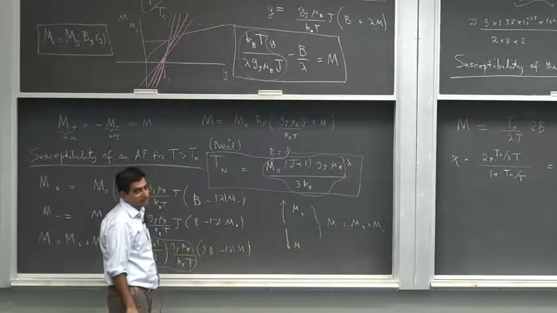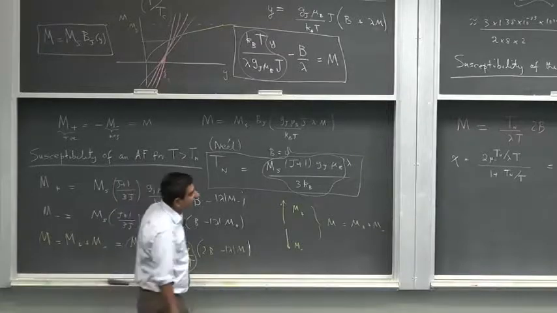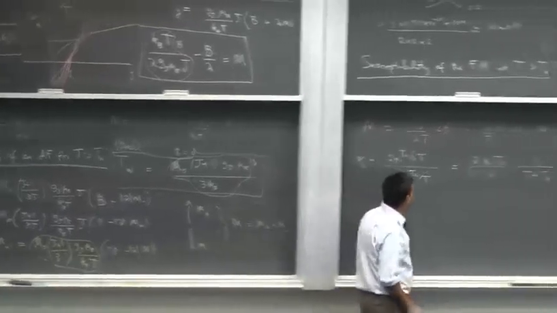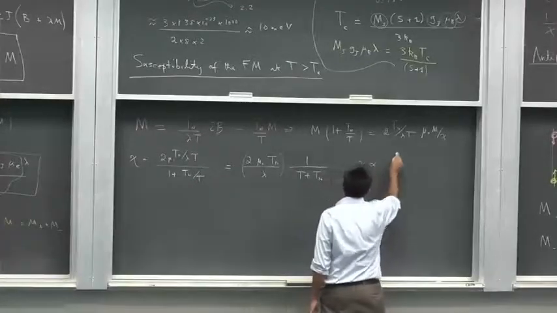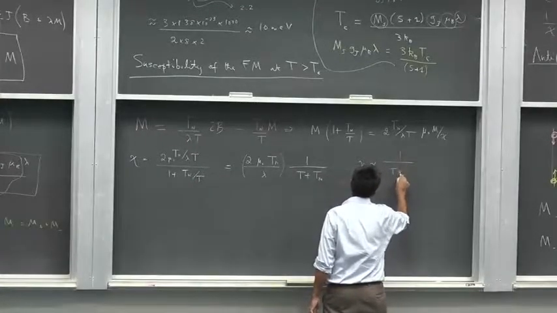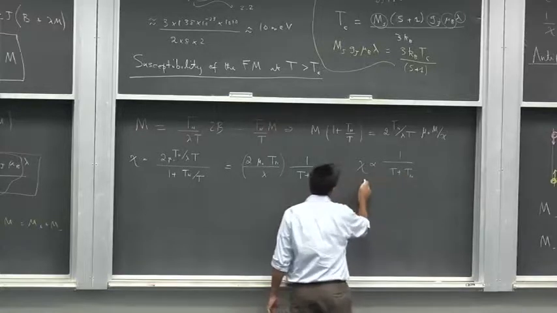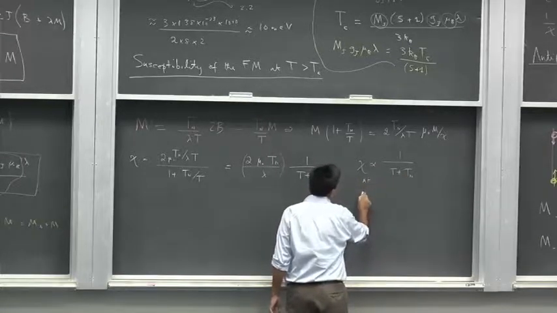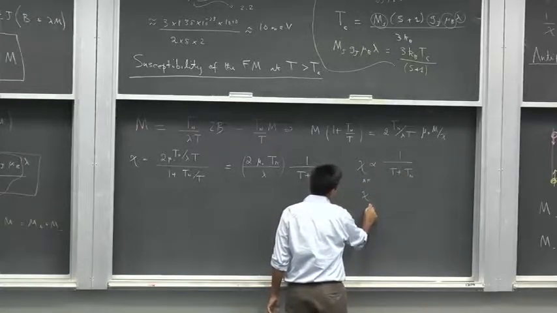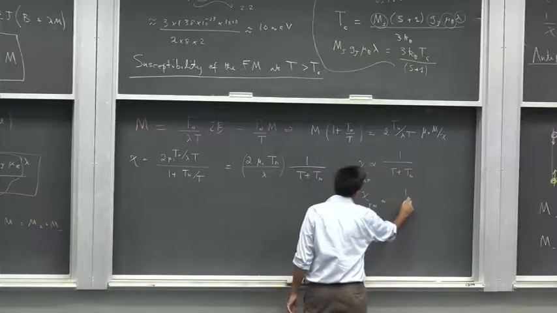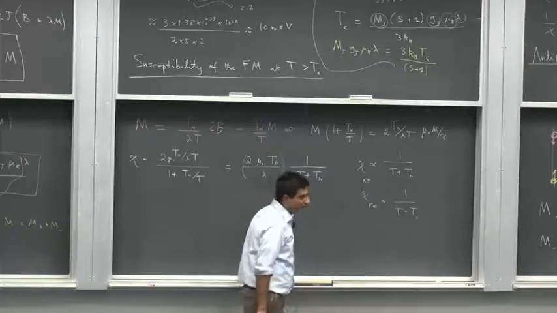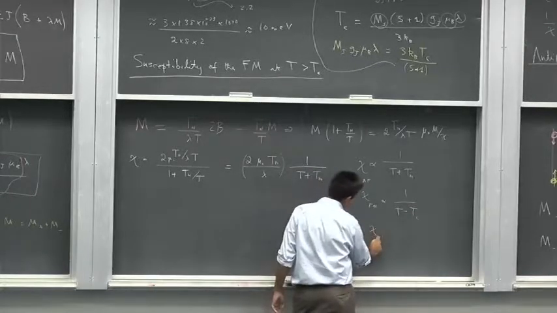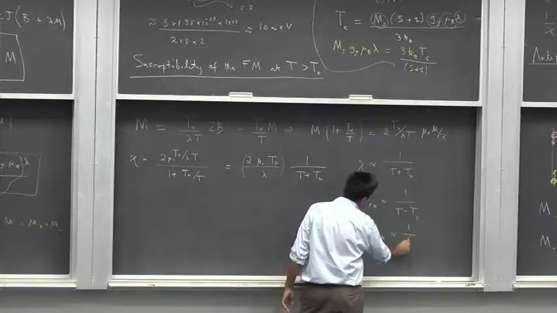That's a ferrimagnetic material. Now, if you look at this expression over here, chi is turning out to be proportional to 1 over T plus Tn for an antiferromagnet. For a ferromagnet, this was turning out to be 1 over T minus Tc, the Curie point. For a paramagnet, this was turning out to be proportional to 1 over T.